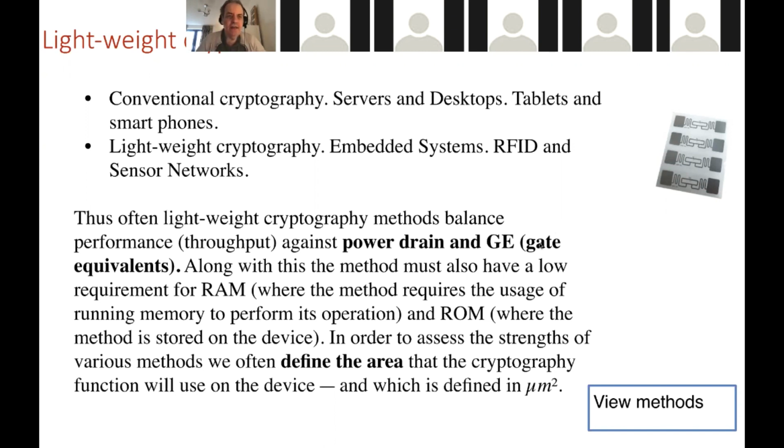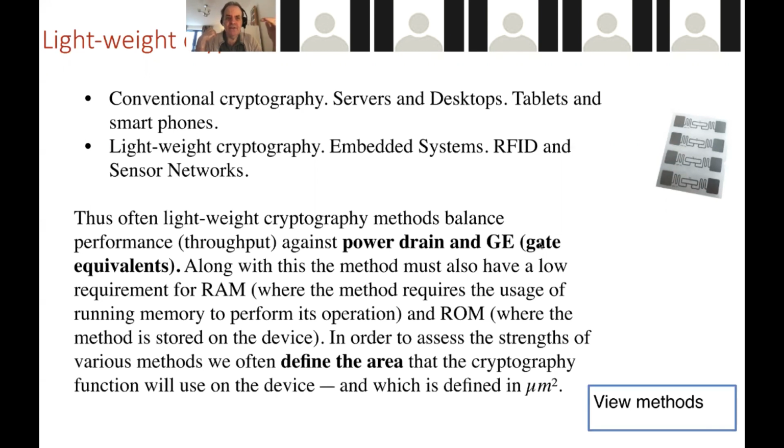So the key ways that we assess our lightweight crypto usually involves performance against performance and security. Of course, you take the two together, performance and security. And you need to understand what security level you need.